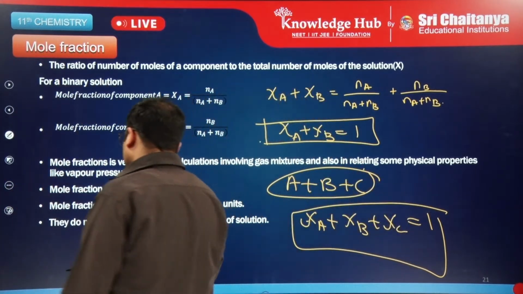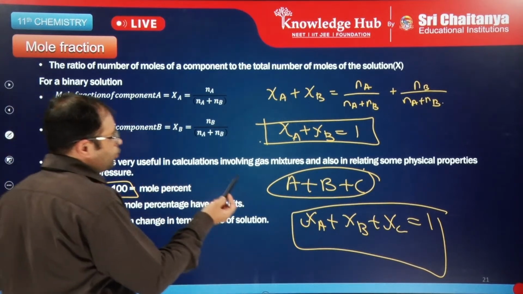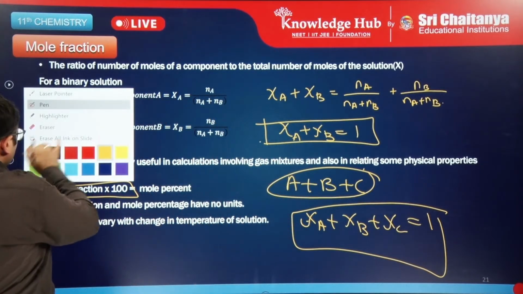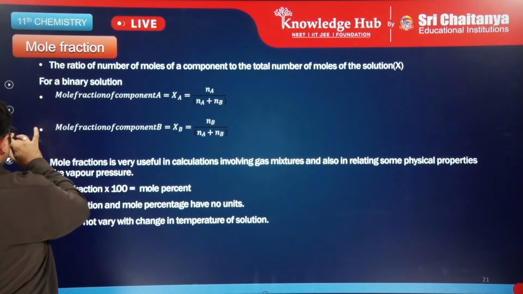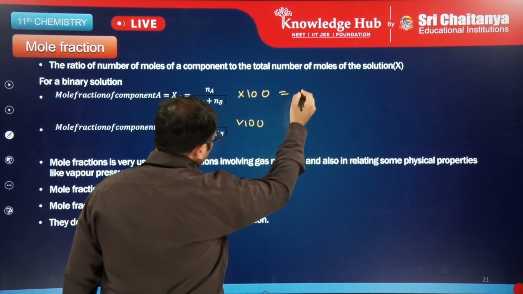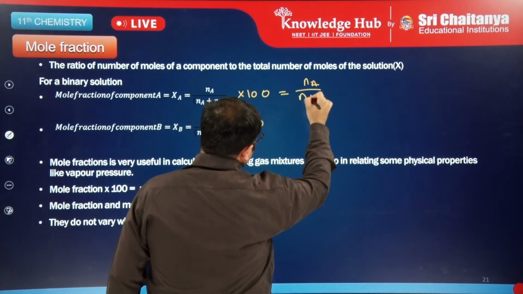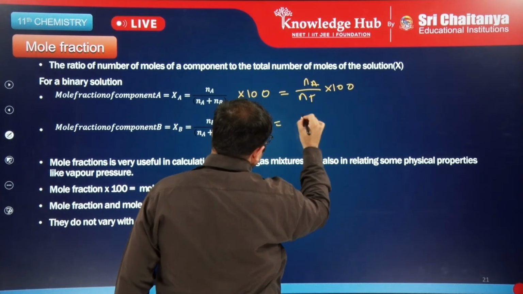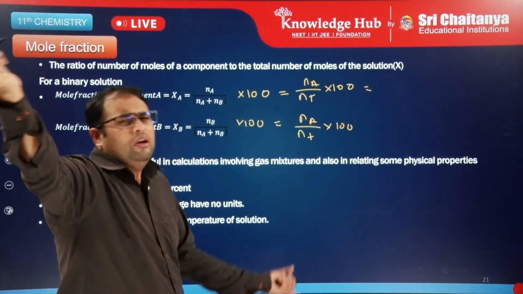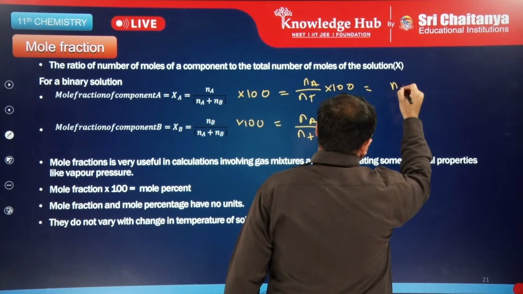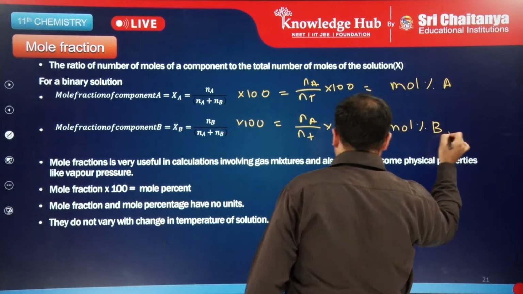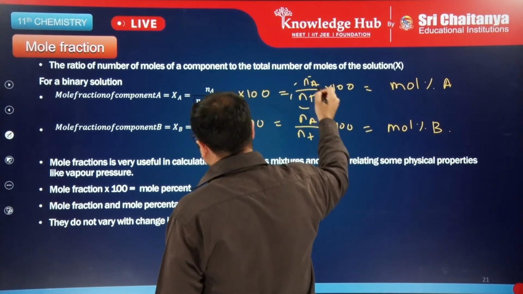Where it is useful does not matter. And mole fraction multiplied by 100. If you multiply it by 100, the formula is moles of A by N total multiplied by 100. That is simply the mole percentage of A. This is your mole percentage of B. This is your mole fraction.